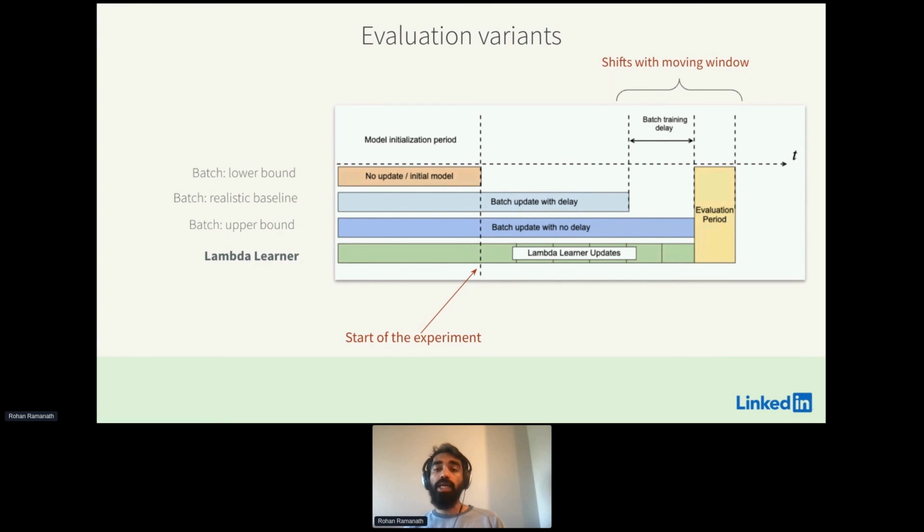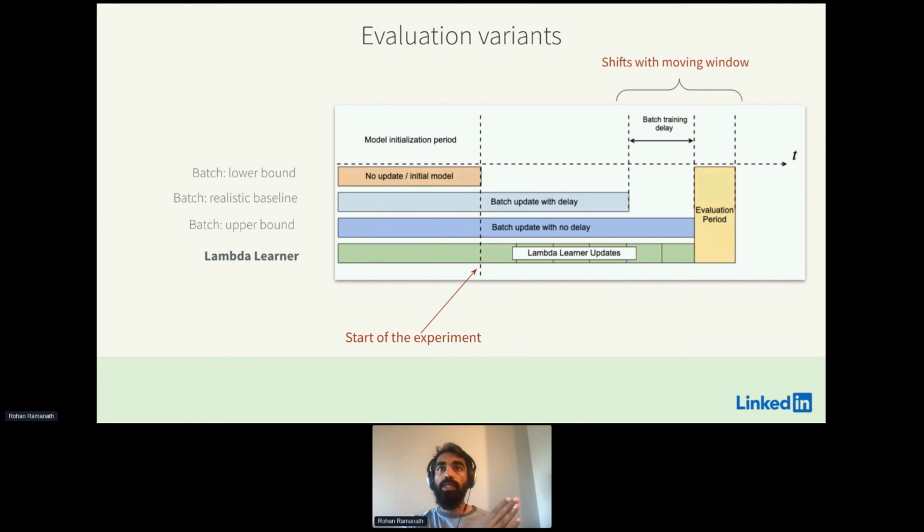We compare it against 3 batch variants that differ in what data is available to them, and it's all visualized in this diagram. Left to right is time. Each of these lines shows a different segment of data.